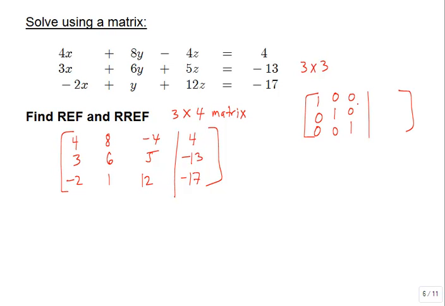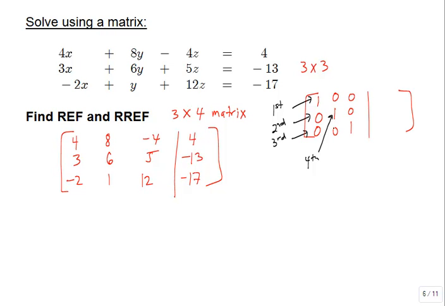Okay? Now here's my suggestions when you're doing this by hand. Always try to get the 1 in that upper left column first. If you can get that to be a 1, then you'll always be able to get these zeros below in your next 2 steps. So get this first column completely in the form that you want it to be in. Then you're going to get that 1 in the middle next, which is sometimes the hardest part of the whole matrix.